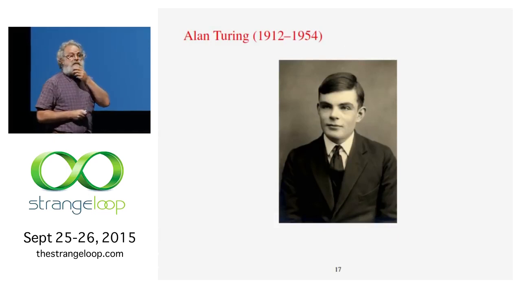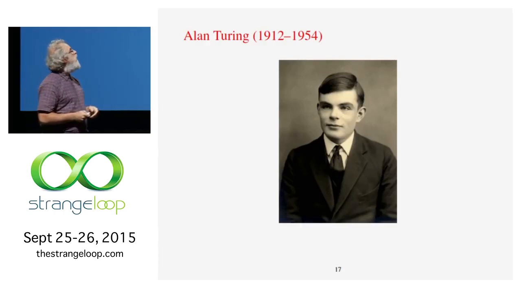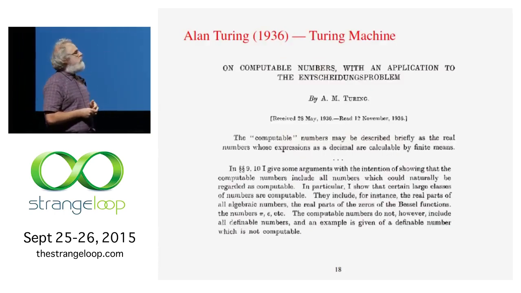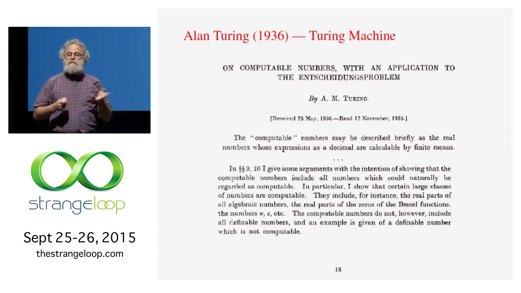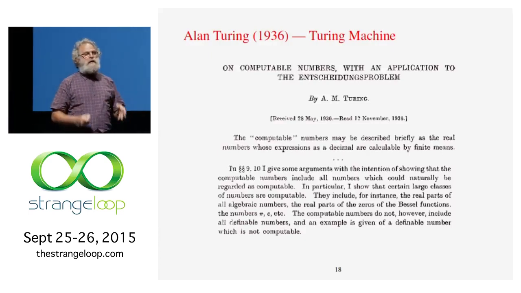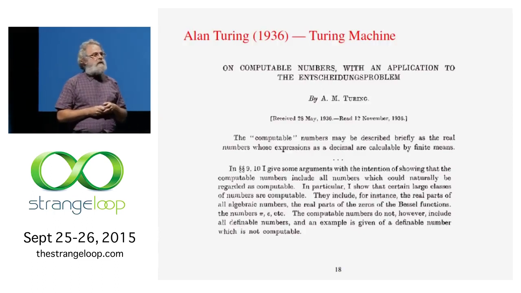The impasse was resolved by this man, Alan Turing, at Cambridge, who of course came up with what we now call Turing machines. And again, he showed that if the Turing machine was your definition of an algorithm, the Entscheidungsproblem was undecidable. And Turing proved his definition was equivalent to Church's and hence to Gödel's.